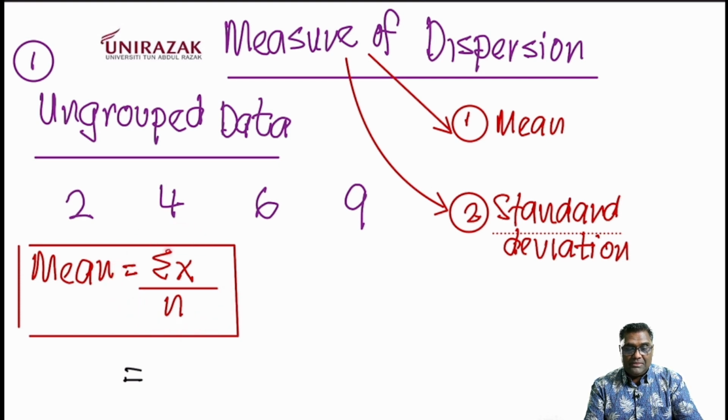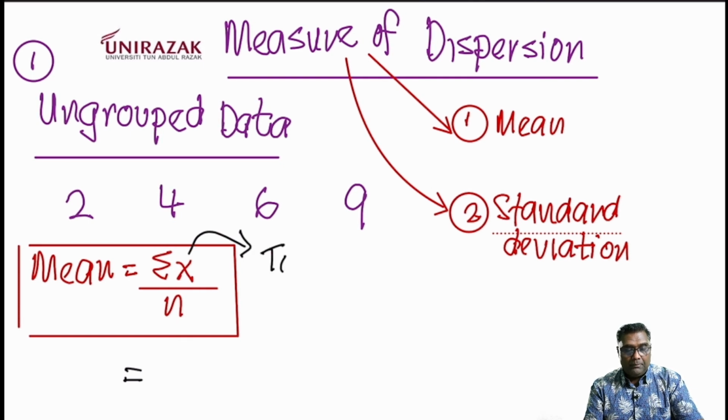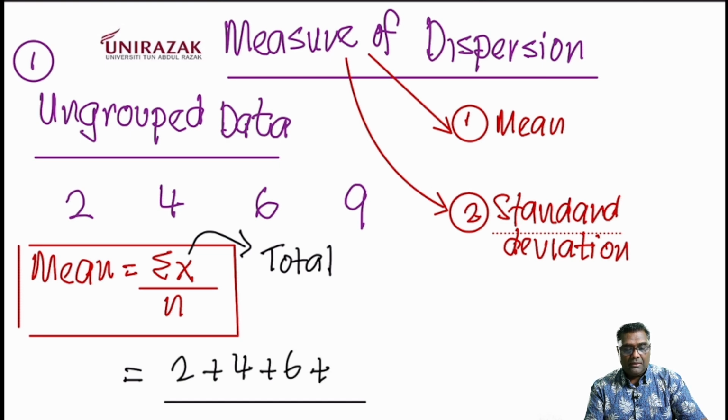Okay, what is this? This is called total. Meaning I'm going to take 2 plus 4 plus 6 plus 9. That is the meaning of sum of x.